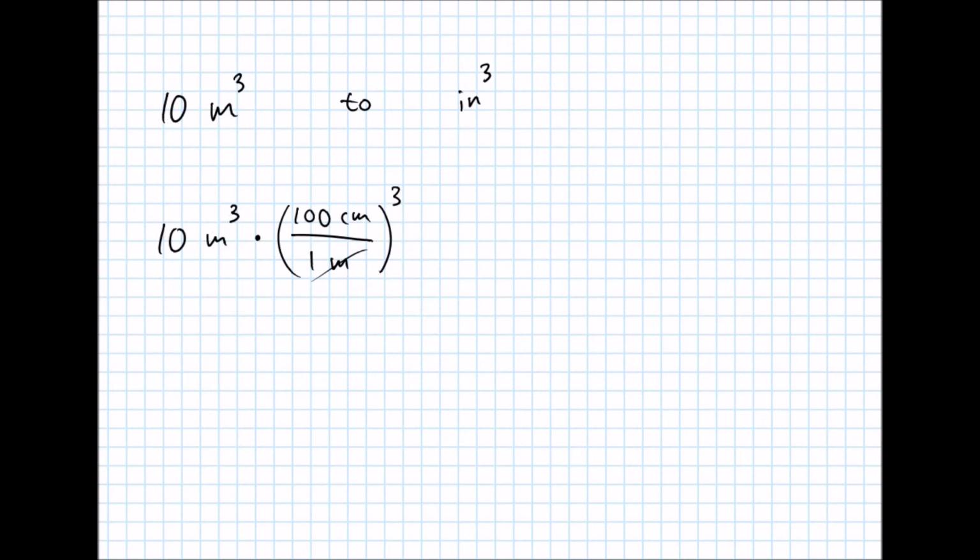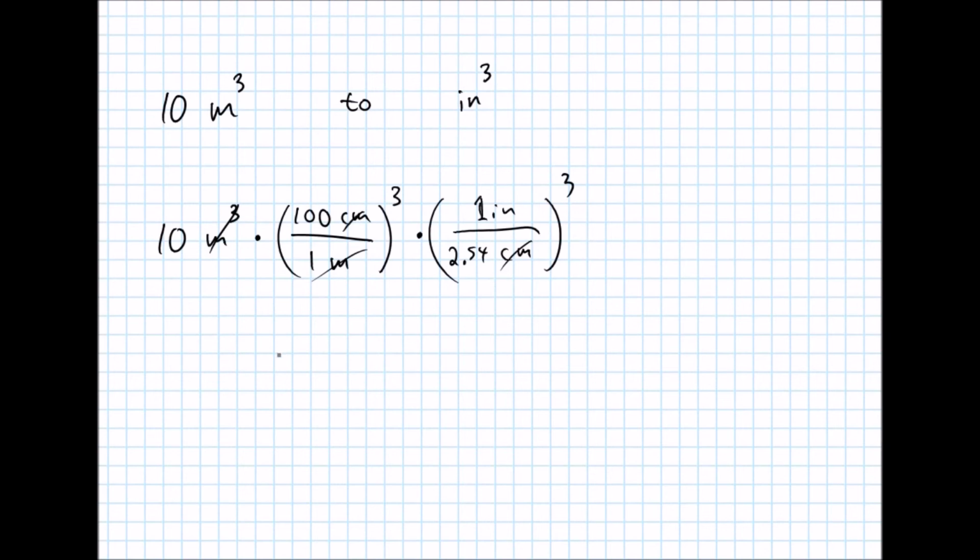Now, to get to inches cubed, well, I know that there are 2.54 centimeters in 1 inch. But again, I need to cube my conversion factor. That will allow me to cancel out the cubic centimeters.